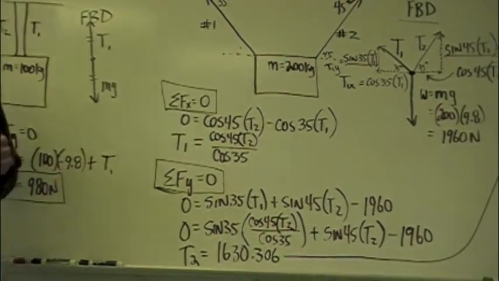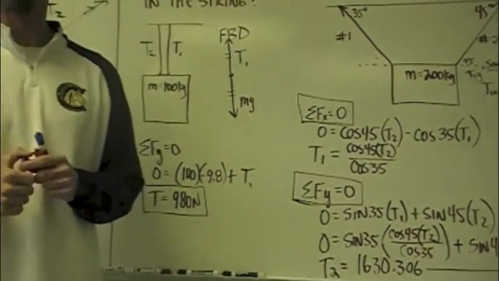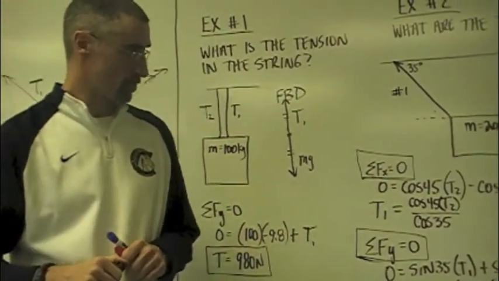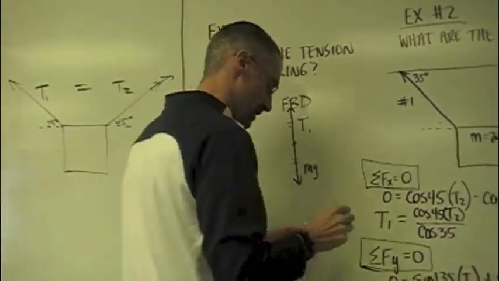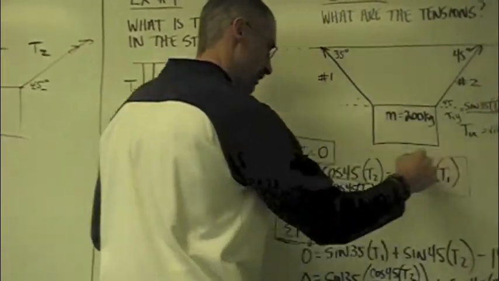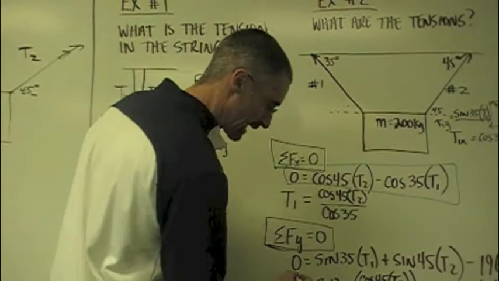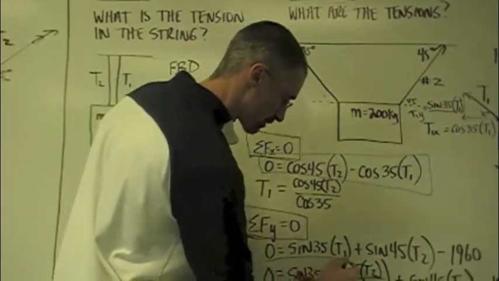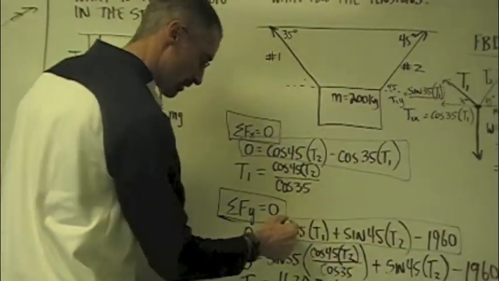This is rudimentary statics, which means it's not accelerating. So if we look here, guys, I'm going to do this in blue. At this point, we have that equation, and we have this equation. Right there.